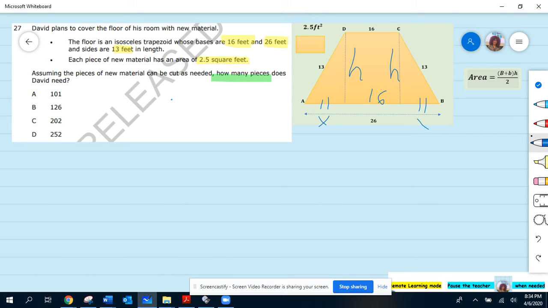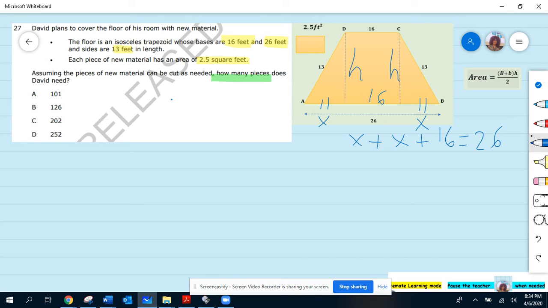Let's say the length of one of these to be x. So first I will find the x. So x plus 16 plus x will be equal 26. So let's set up the equation and let's solve it.